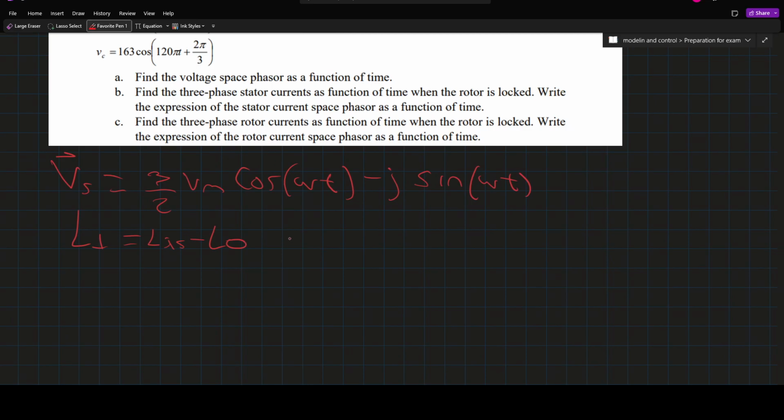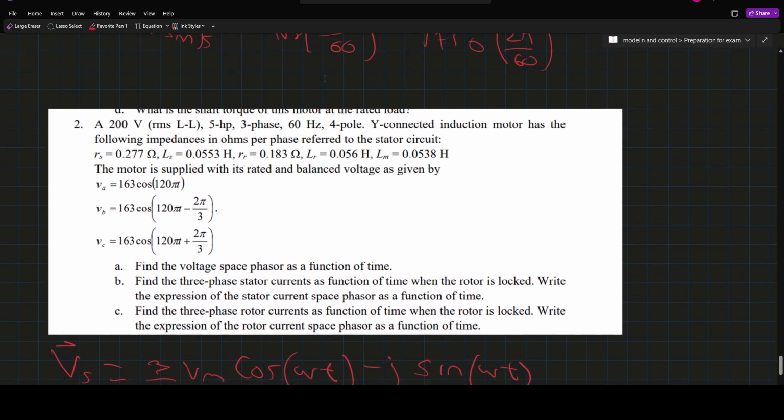So this is equal to 0.0553 minus 0.0538. So this is going to give us 1.5 millihenry, and we're going to say that L2 is equal to LR minus L naught.